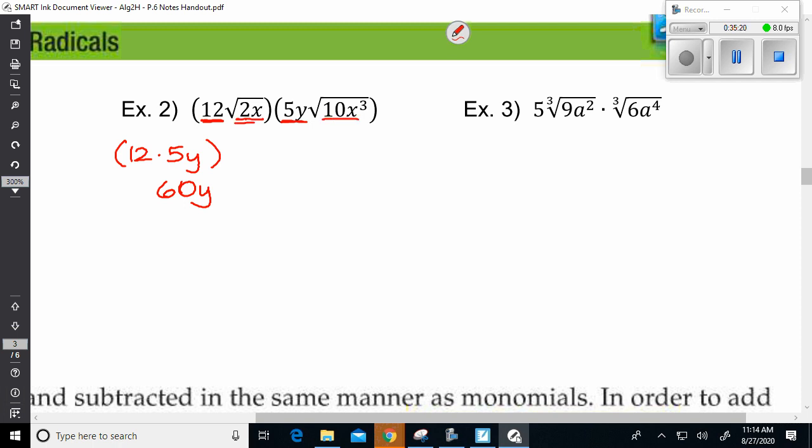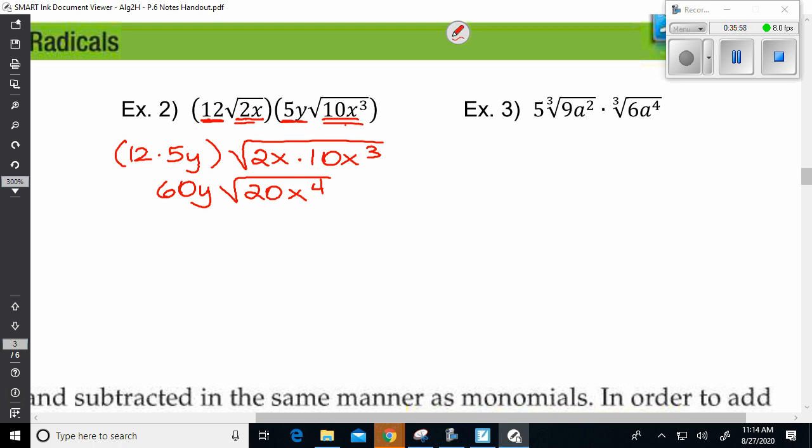Then the parts underneath the square root can be multiplied together. Out with out, in with in. Any questions so far? 60y stays the way it is for now.